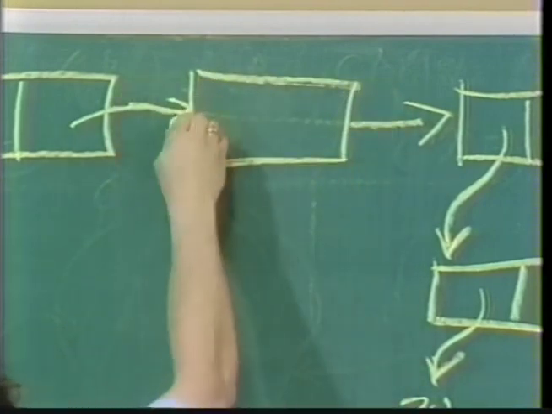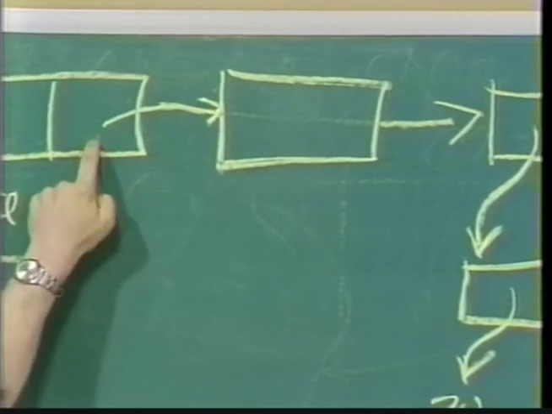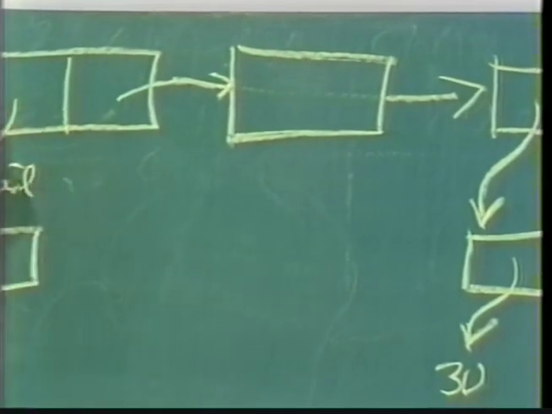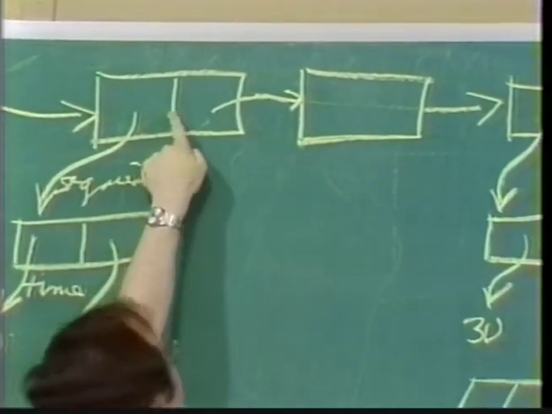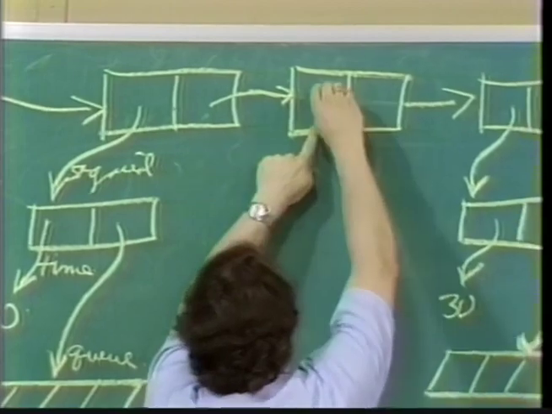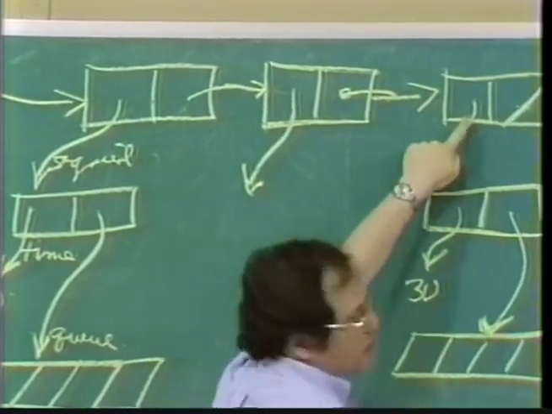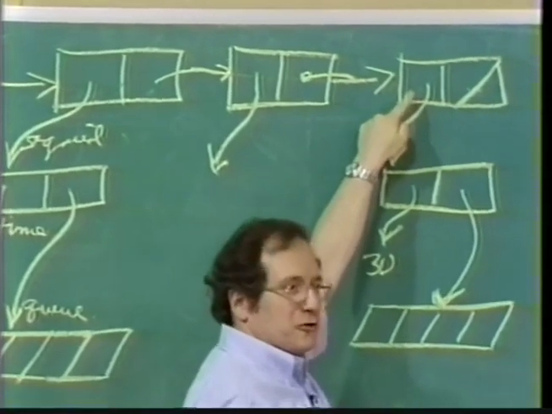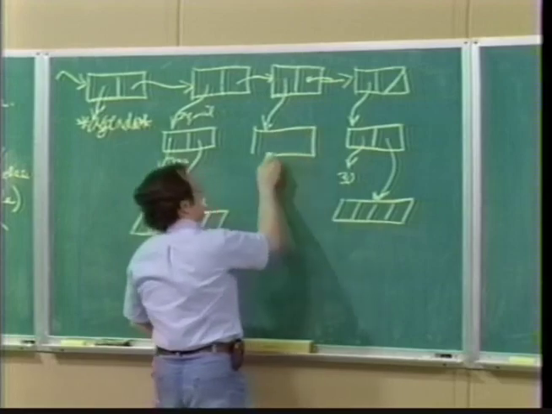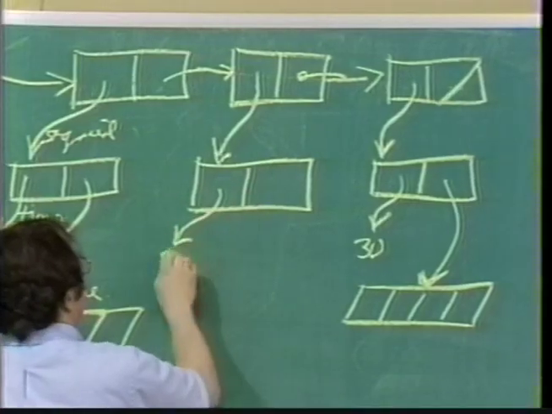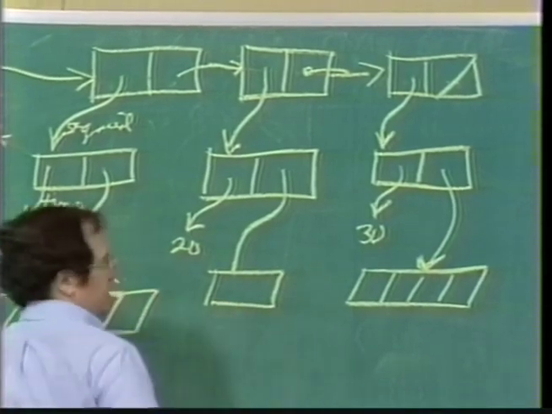I'm going to have to change the cdr of the agenda to point at a new cons of the new segment. Okay? And this is going to have a new segment now of time 20 with its own queue, which now has one element in it.